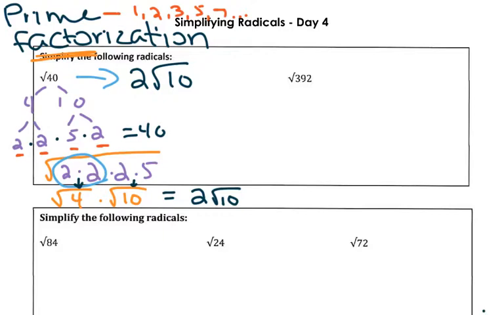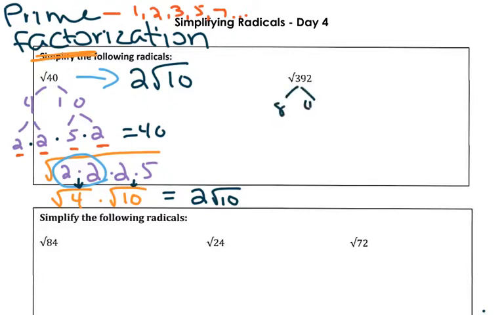On top, I'm going to put 392, and on the bottom, as my denominator, I'm putting x, because we're looking for the factors of 392. Again, we're looking for whole numbers. We're not working with any decimals or fractions.